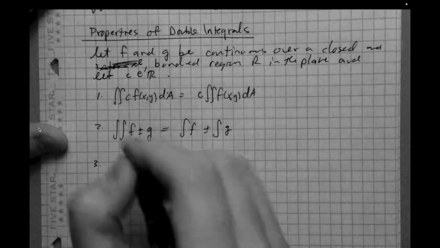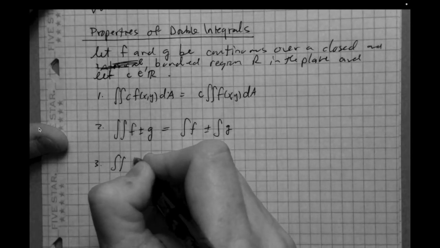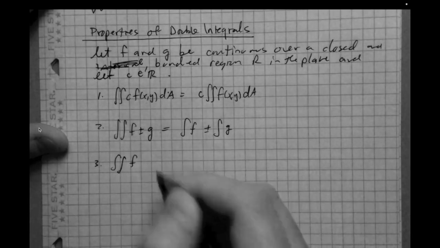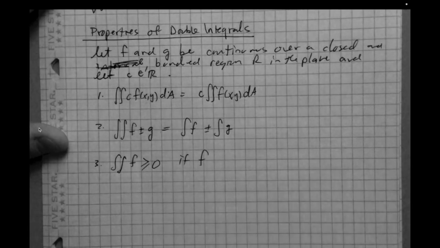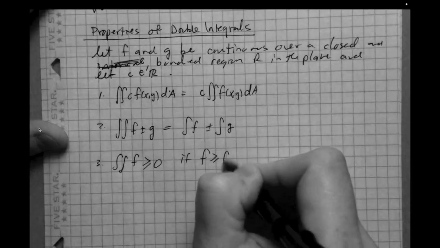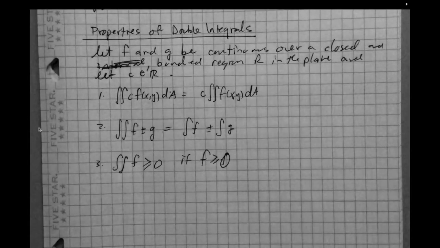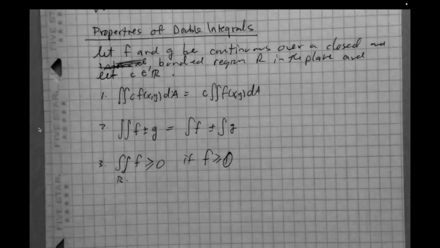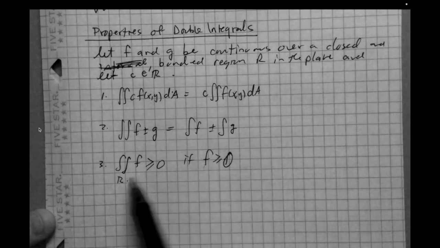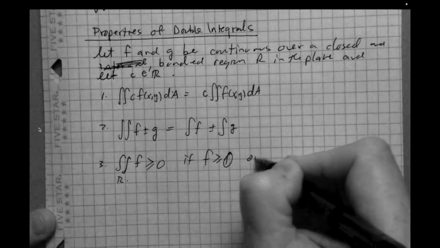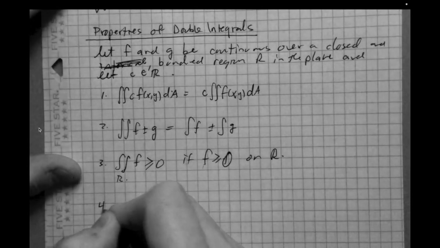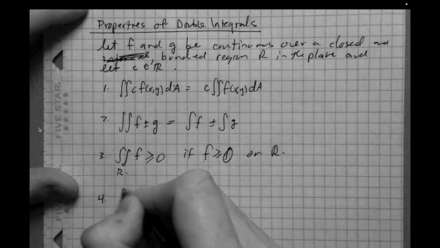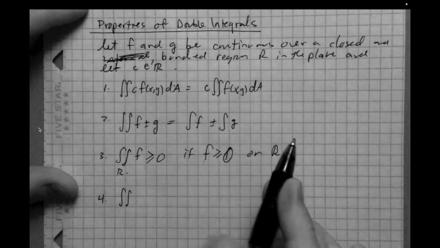The double integral of f is going to be a positive quantity if f is a positive function. So if f is greater than or equal to 0, then the double integral over f, and of course this is all in the region, assuming that f is positive on R. Inequality properties will hold as well.